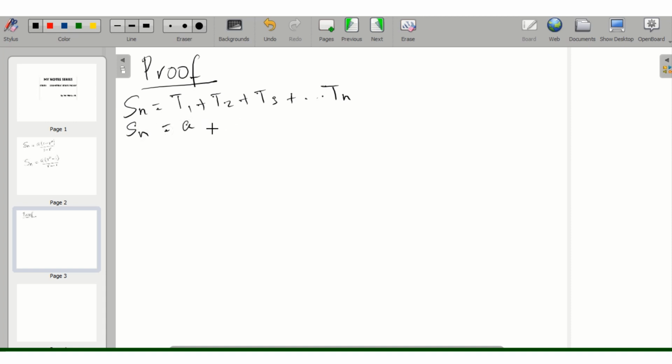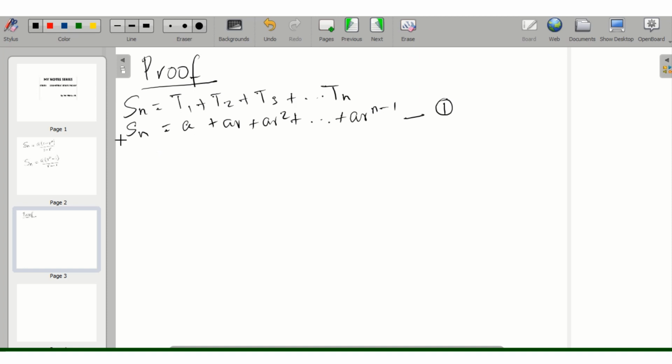The first term is a, the second term is ar, the third term will be ar squared, and so on up until we get to the last term, which is ar to the n minus 1. And we call this equation 1.